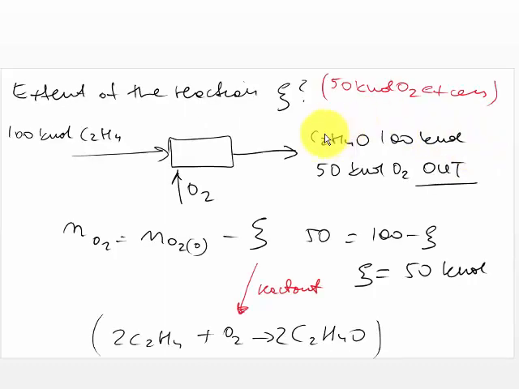What would be the extent of this reaction? We know that we have 50 kmols of oxygen coming out of the process. For 100 kmols of C2H4, we will make 100 kmols of ethylene oxide, and because O2 is in excess, we have 50 kmols of O2 coming out of the reactor.